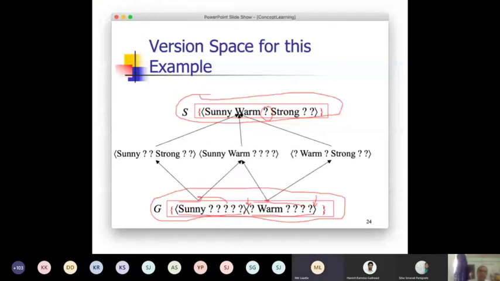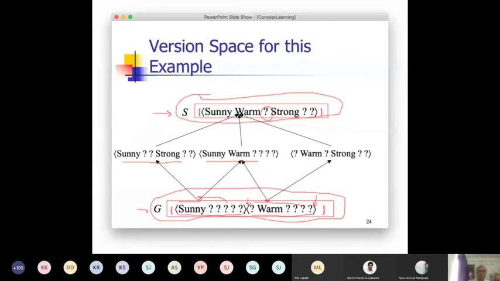This is the compact representation: if I specify this G and S, that is sufficient, because in a lattice structure, since they are all ordered, by giving these two sets I can compute all the intermediate hypotheses which are more general than S, but less general or more specific than G. In this way, you can get the version space.